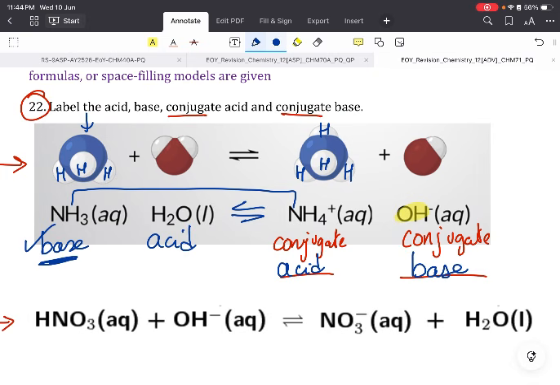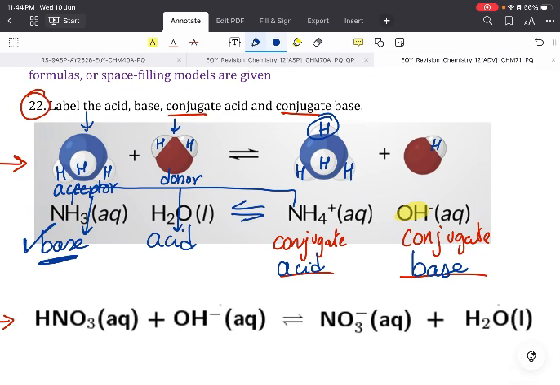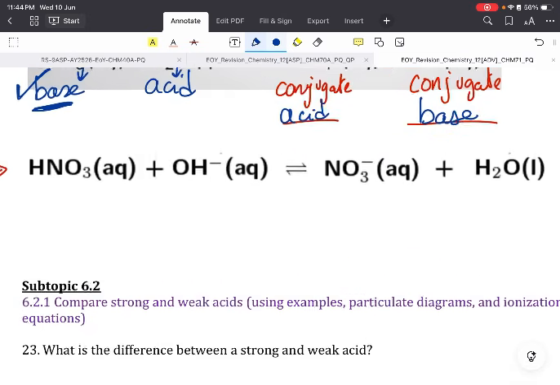A base, according to Bronsted, is a proton acceptor. It accepted one more hydrogen. That's why this is a base. And an acid, look at this one. It had 2 hydrogens and now it only has 1. So it acted as a donor, and this one acted as an acceptor. The donor is always an acid, the acceptor is always a base.